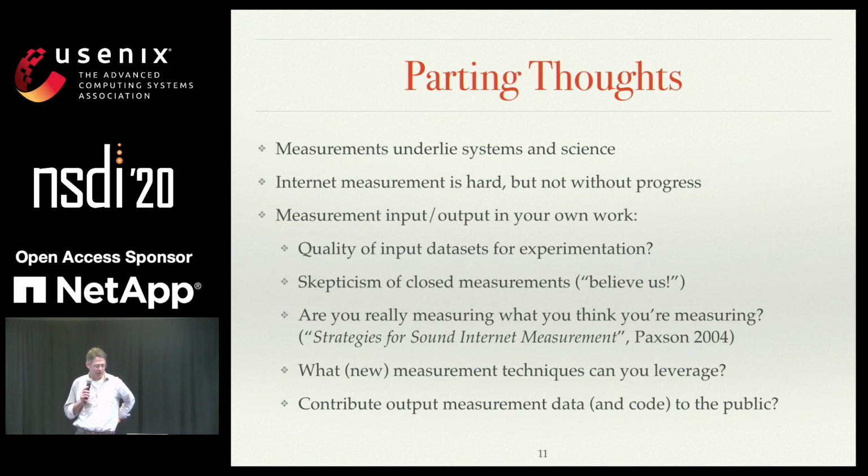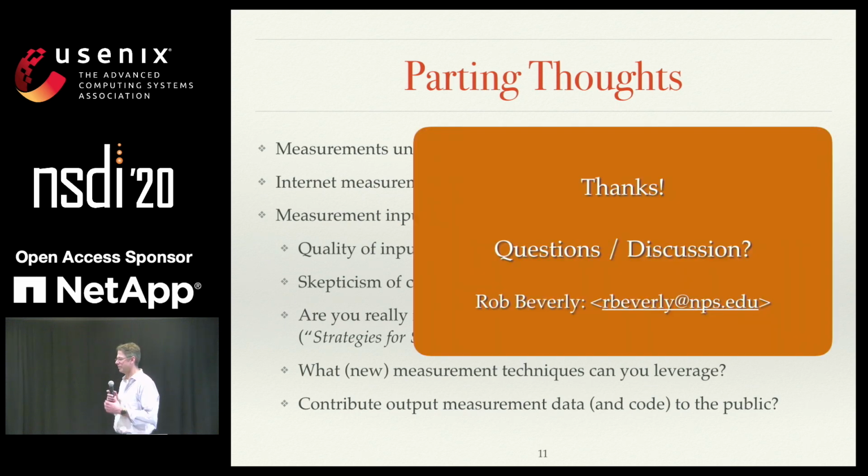And also, in your own work, think about what new measurement techniques you can leverage, and also think about contributing output measurement data and code and artifacts to the public, because we really need these sort of canonical data sets for doing reproducible science in internet measurement. And that's all I have.